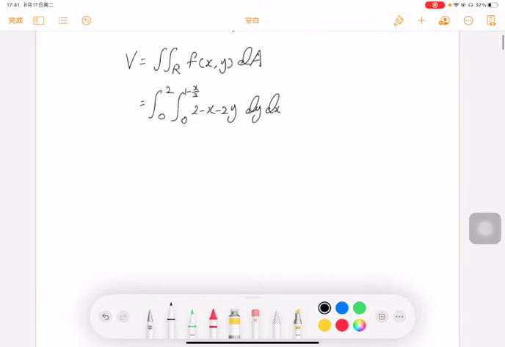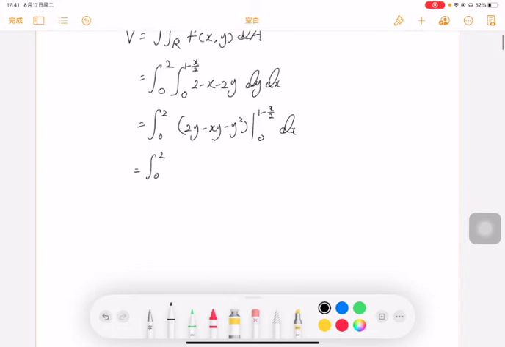Okay, so this is the setup for the volume of this solid region. Let's compute it. Let's compute the inner integral first. Integrating with respect to y, we get 2y minus xy minus y squared. And this thing evaluated from 0 to (1 minus x) over 2, and then integrated with respect to x.